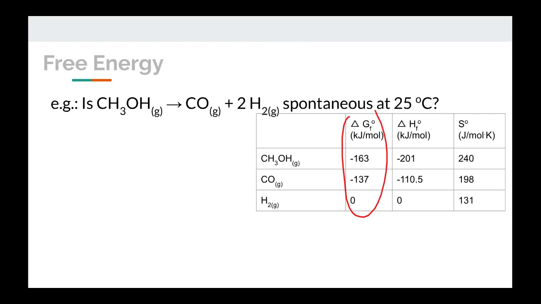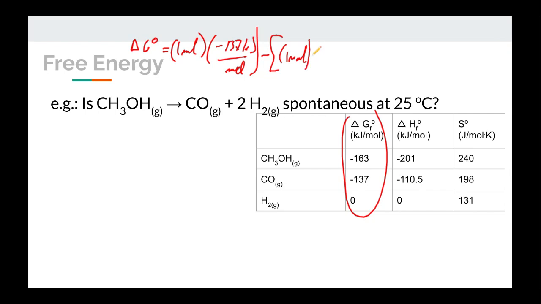So delta G naught, this is standard, for this reaction is going to be 1 mole times negative 137 kilojoules per mole minus 1 mole times negative 163 kilojoules per mole.